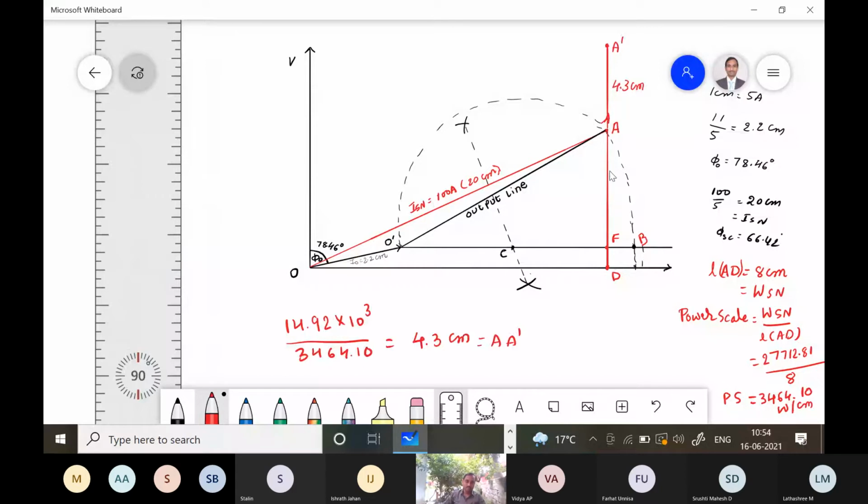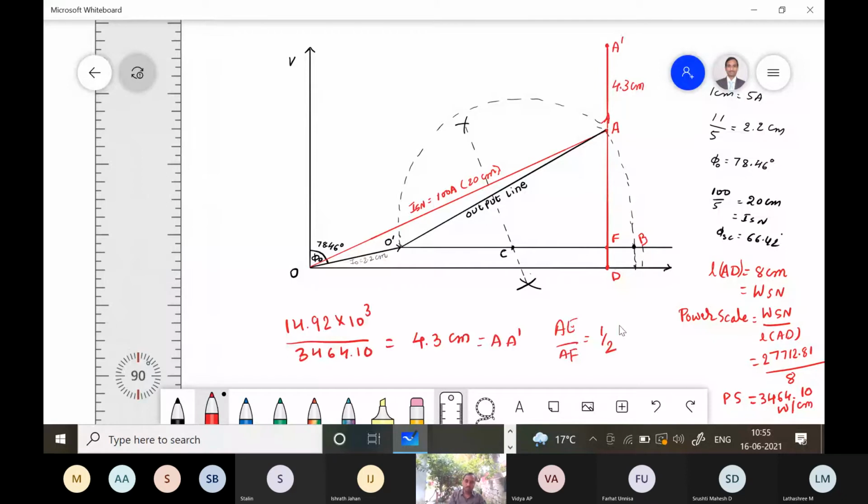That is, AE by AF is equal to half, 1 by 2, because he has given the copper loss and iron losses. Rotor copper loss is half of the total copper loss.